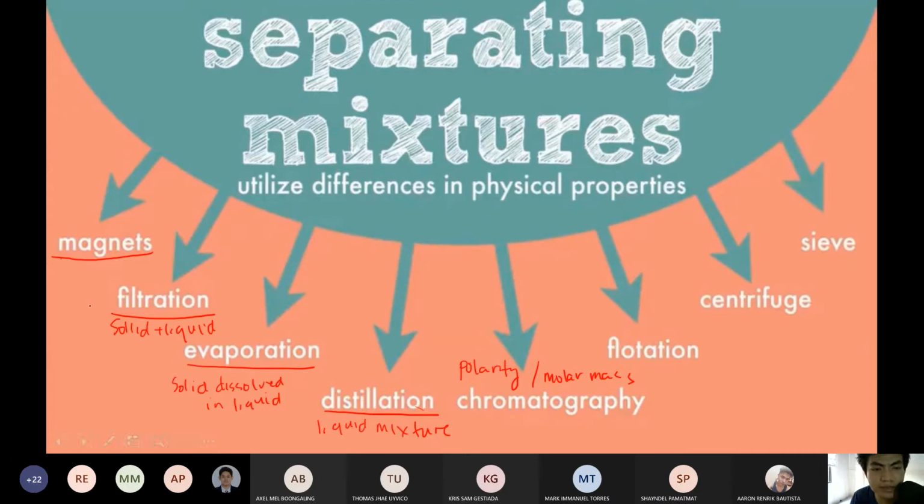In forensic chemistry, chromatography is used to determine whether isa kang positive sa drugs or not. So, yun yung ginagamit for drug testing.